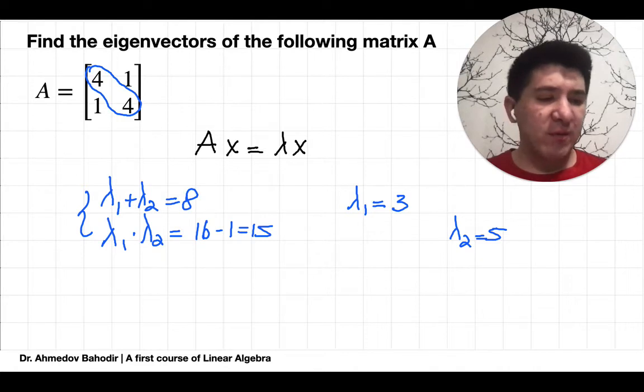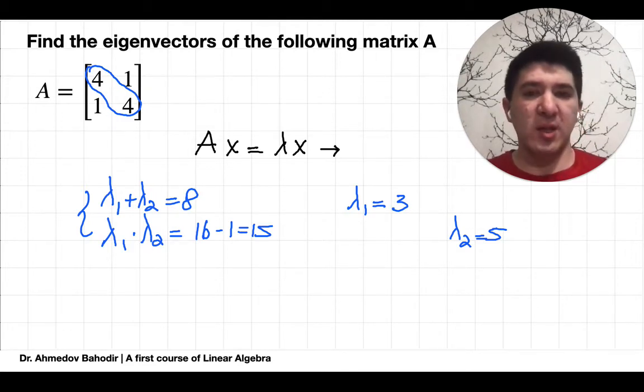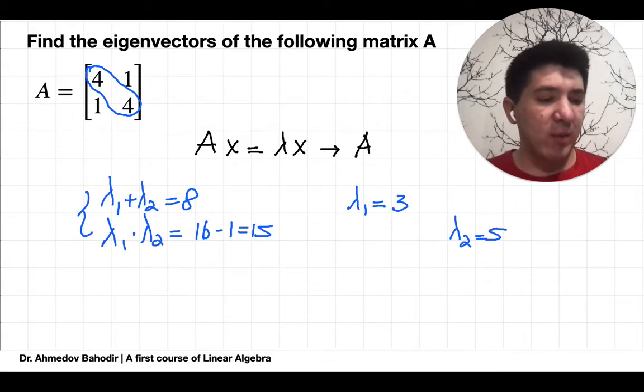Now, if I would like to find the eigenvectors x for the given eigenvalue lambda, I'm going to use this equation. I'm going to put lambda x on the left-hand side and take the x out of the brackets. And what I will have here is A minus lambda I times x is equal to 0.